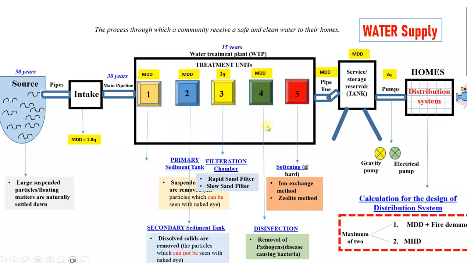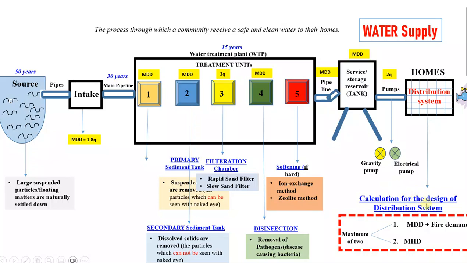After these filtration or treatment units, we again have a pipeline network to convey the water to the reservoir or tanks. Then we have pumps, and finally the distribution system for supplying the water to homes safely.